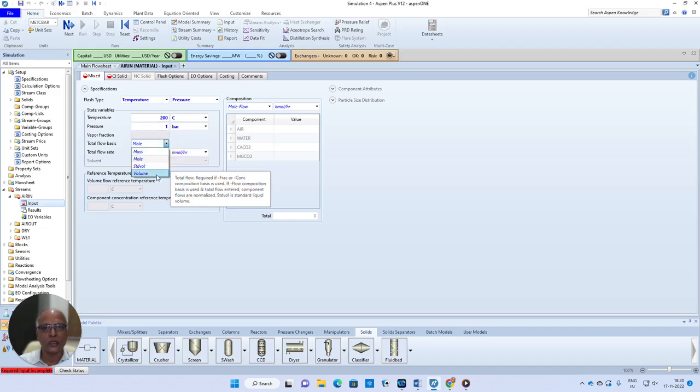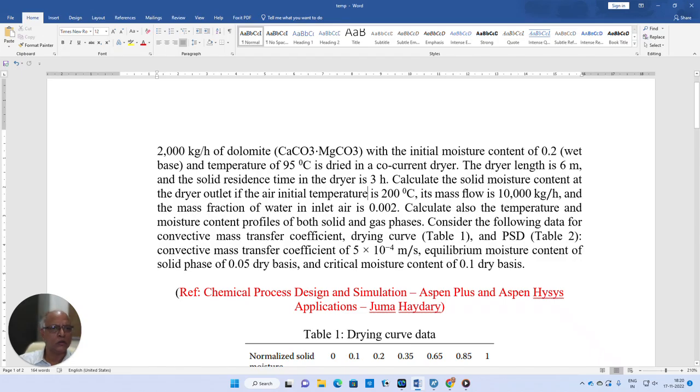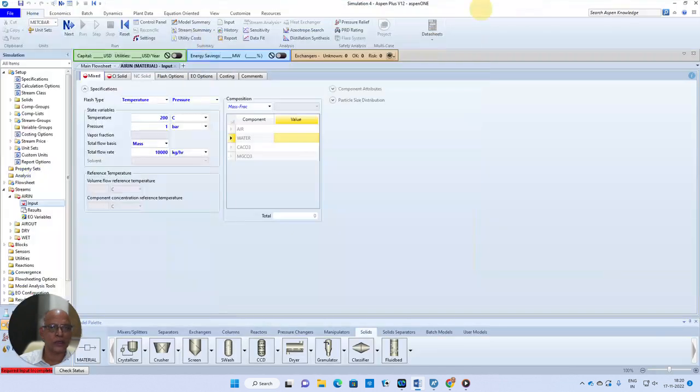The mass flow rate of this air is given as 10,000 kg per hour. The mass fraction of water in inlet air is 0.002. So let us give that data, 0.002, and the remaining is obviously 0.998.